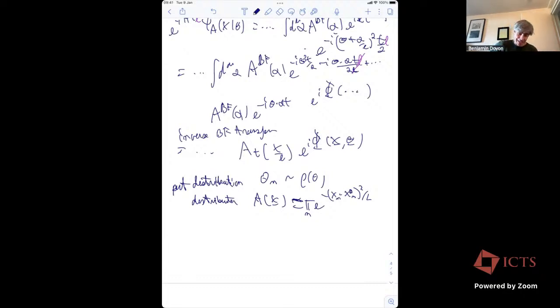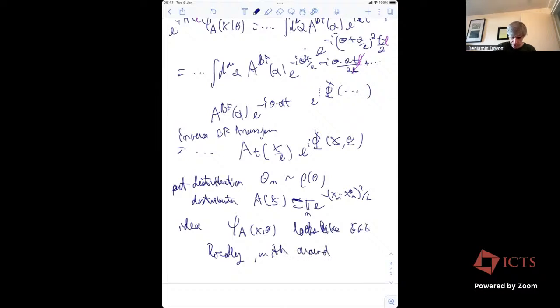Then I evolve that, and the kind of assumption, or perhaps the idea, let's say, is that this psi a looks like a GGE, or like a maximum entropy state, locally around the point x prime.